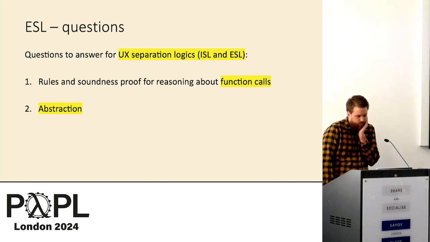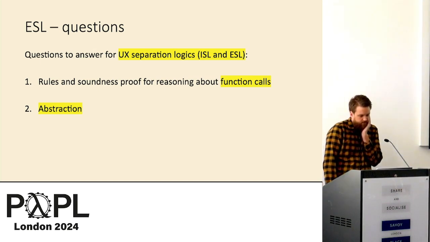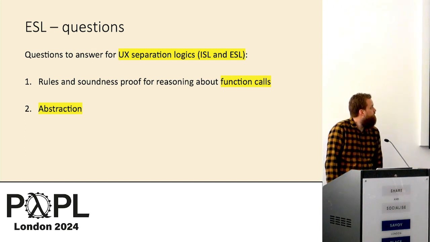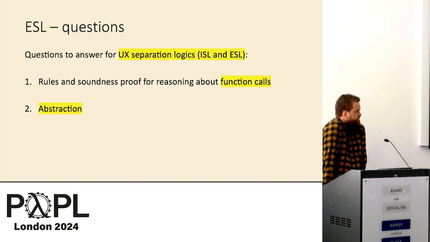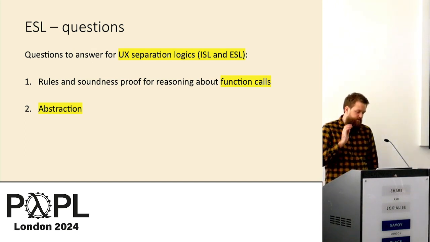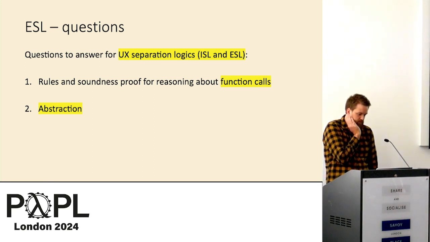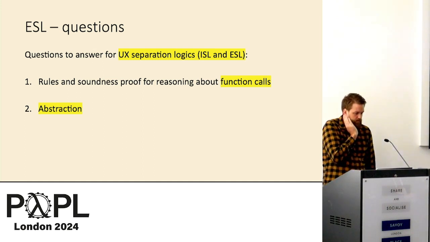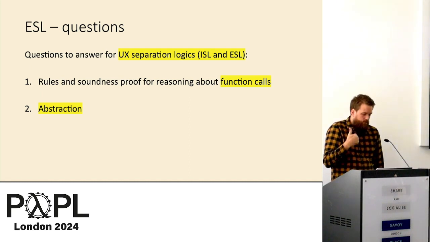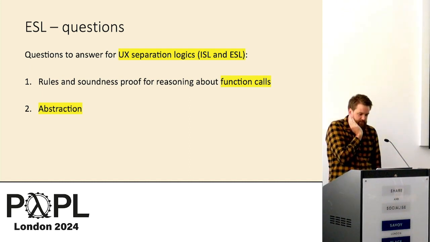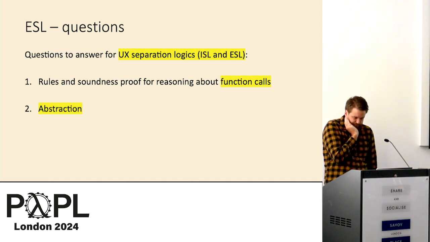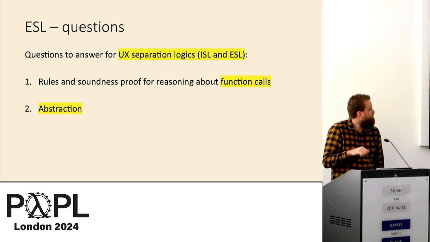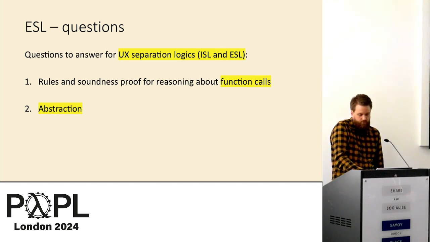So to do the kind of specs for functions we wanted to do, we had to think about the two following things. So the first problem, no one had fleshed out the rules for function calls in under-approximate separation logics, and therefore there were no soundness proofs for these calls either. And also, no one had thought about abstraction in under-approximate separation logics. So let's talk about these two topics.